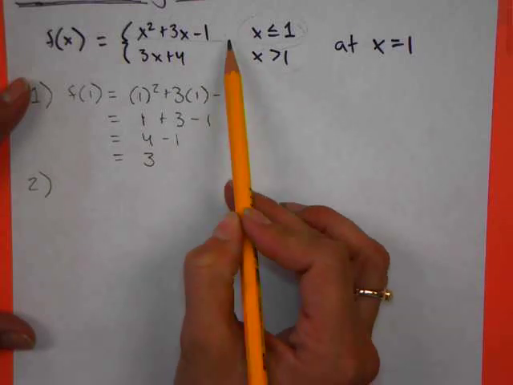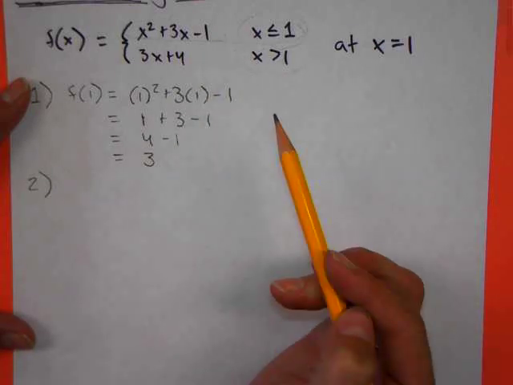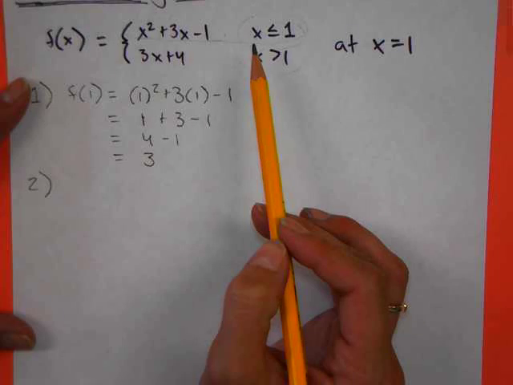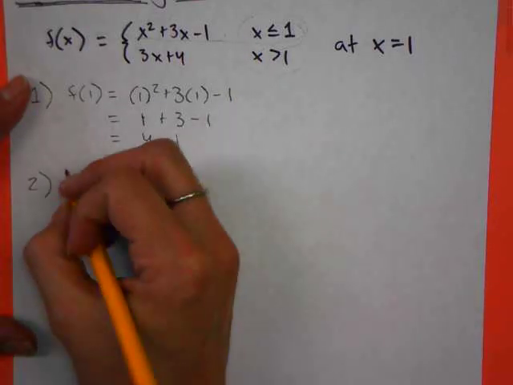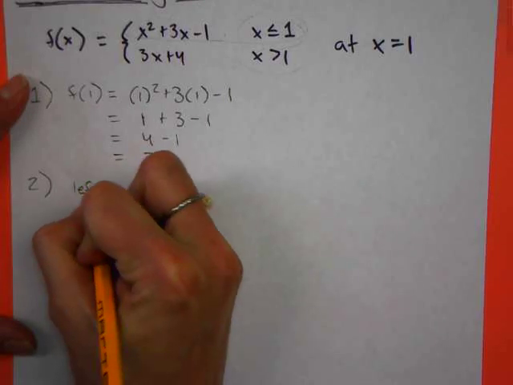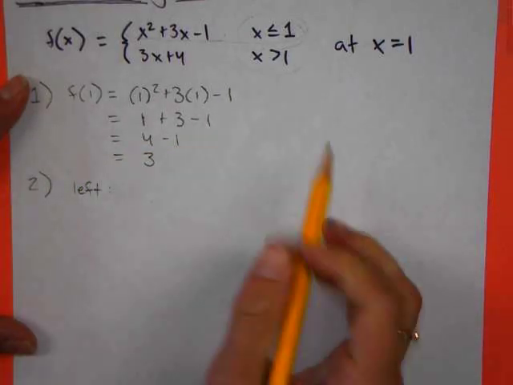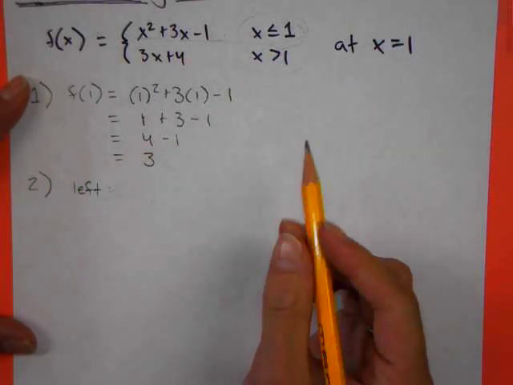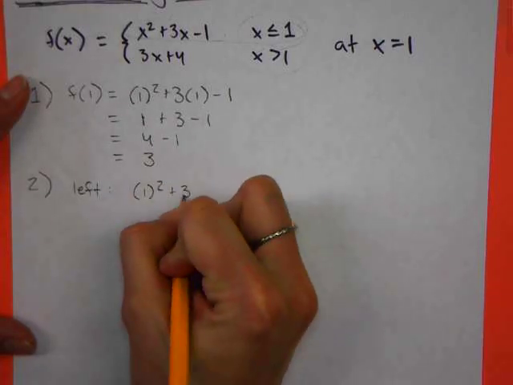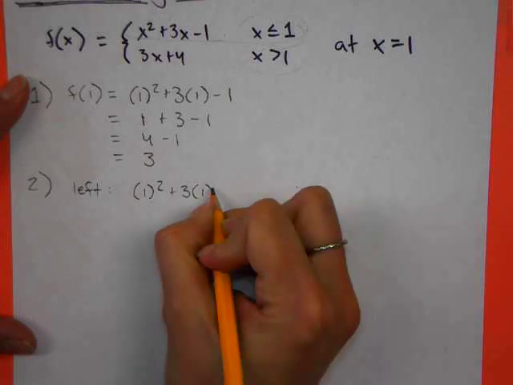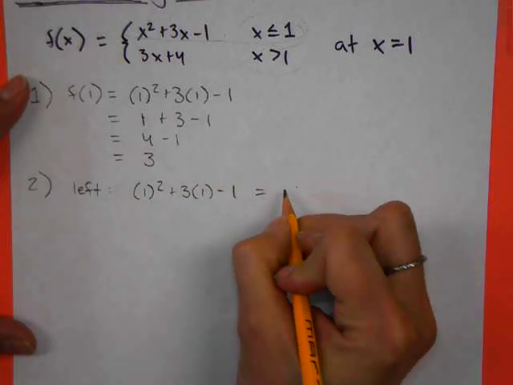So I can basically look again at these two pieces separately and see as they get closer to 1, what would their value be. So let's look first at the left. From the left, that would be smaller than 1. We could plug in 1 to x squared plus 3x minus 1. Well, we just did that, and we said we got 3.